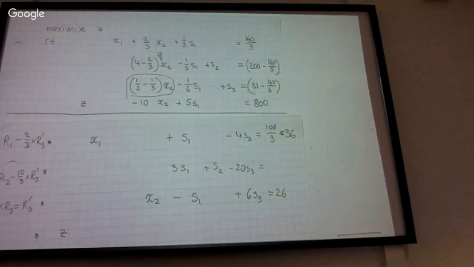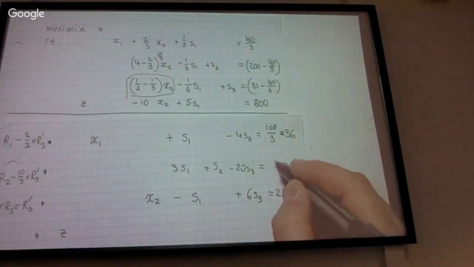Okay, so what do we get here as the right-hand side? I'm lazy. 60? Does anybody else have 60 as well? I'll go with 60.